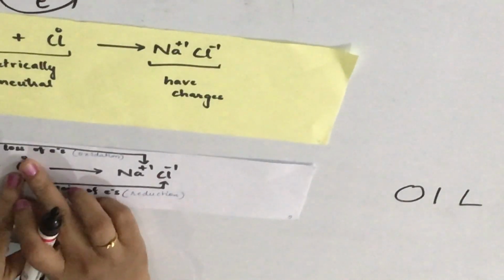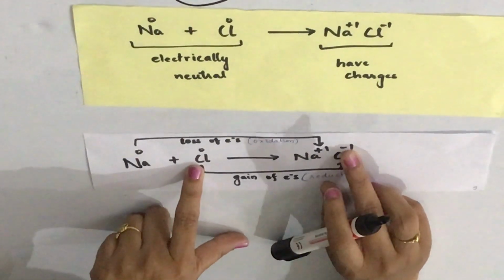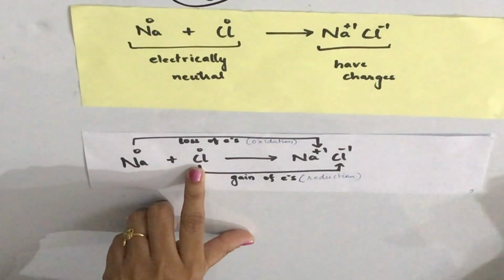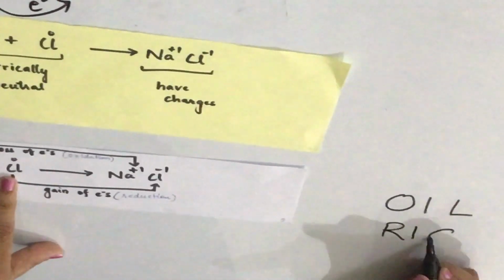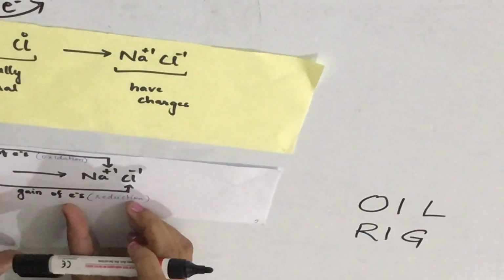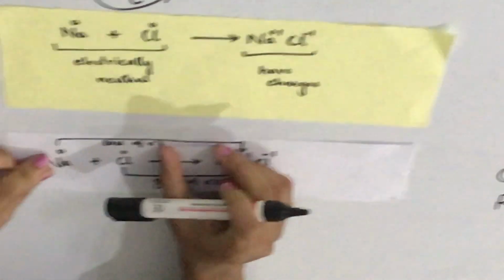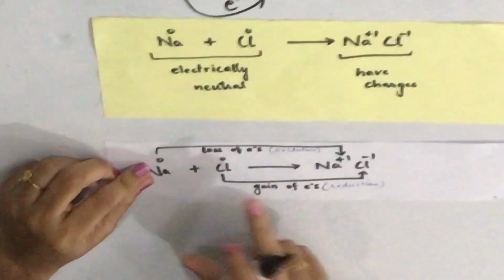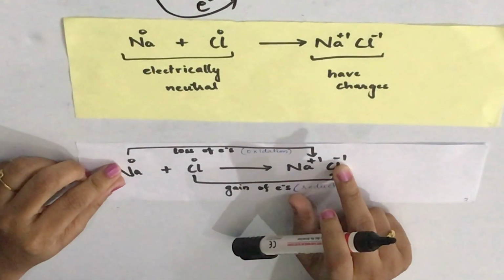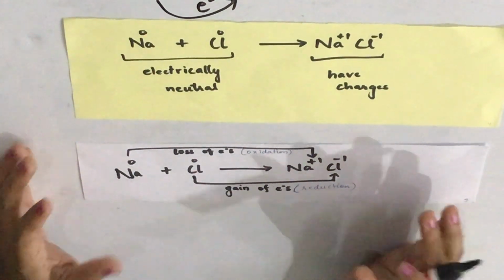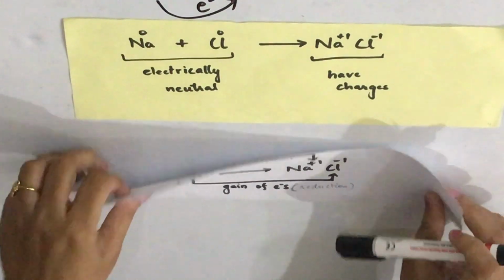Here Cl was 0 and it has gained an electron and became -1. And we know that reduction is gaining. So Na has oxidized and Cl has reduced. So this is an example of a redox reaction. Now let us see one more example.